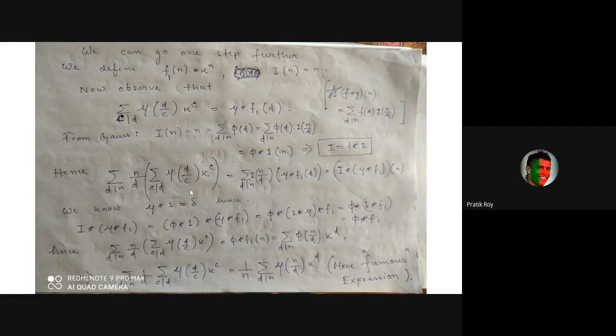You know that delta is the identity element of the ring of arithmetic functions under pointwise addition and Dirichlet convolution. So delta star f is f, and delta star f1 is f1. So phi star f1 is equal to this I star mu star f1.